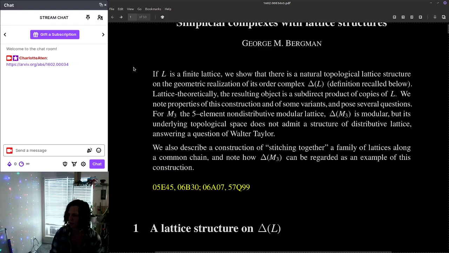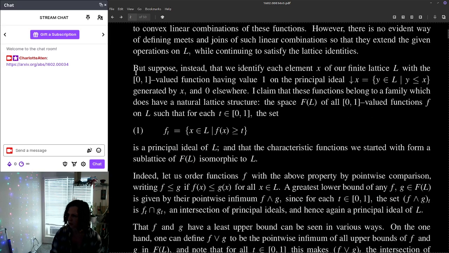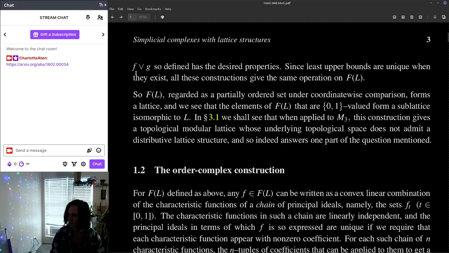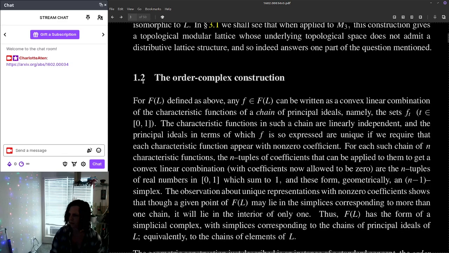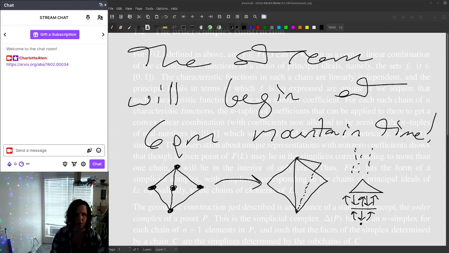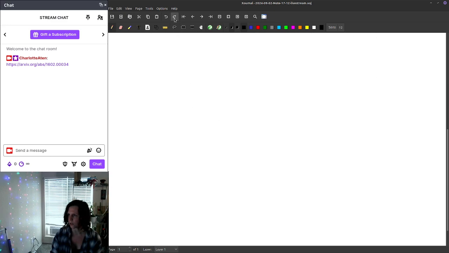But I thought first I would actually illustrate the basic construction that is in this paper. Okay, well, obviously I'm not going to sit here and read all of this to you, but let me illustrate for you what is going on here.